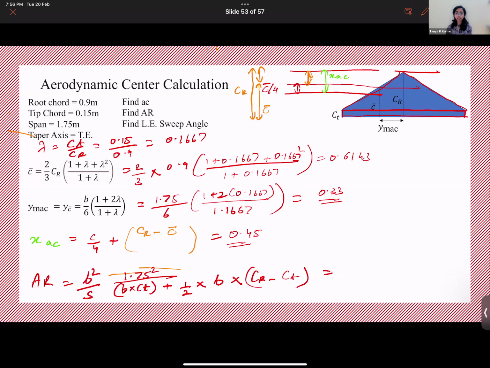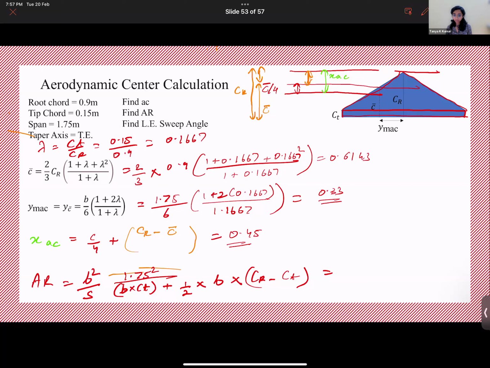So what is the aspect ratio? Can you tell me the aspect ratio? Just calculate this. The formula is given there. You split your shape into simpler shapes. So area of the rectangle is the span into CT. Area of the triangle is half base into altitude.